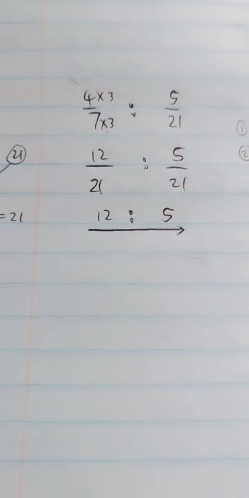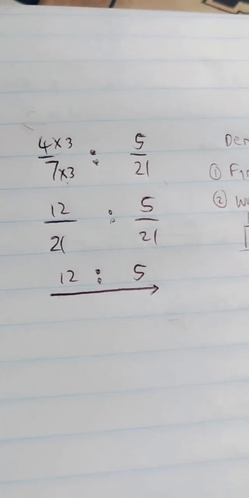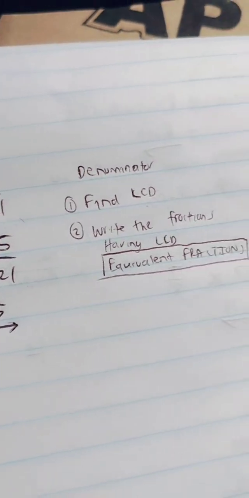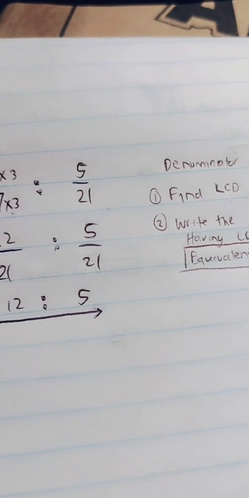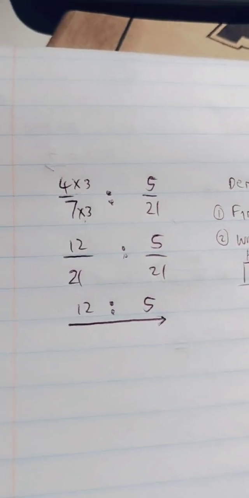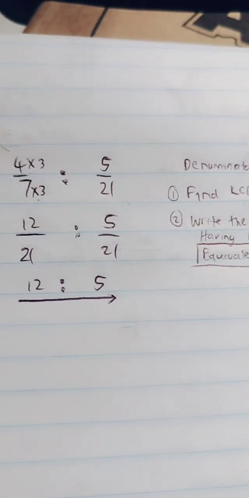So my simplified ratio for 4/7 is to 5/21 is actually 12 is to 5. That's as simple and straightforward as that answer is. 12 is to 5 is my answer.